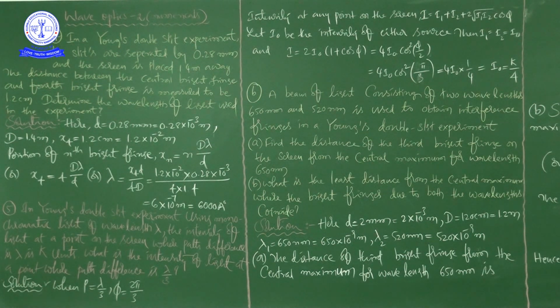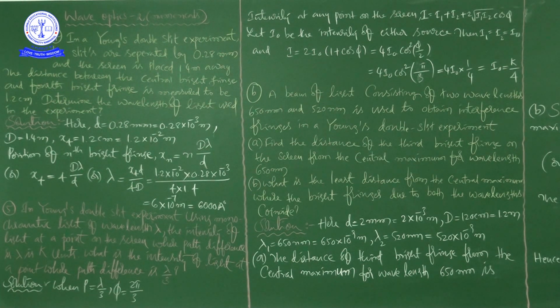So you focus on the problem. First, you identify what things they have given. Then you decide what quantity we should find.